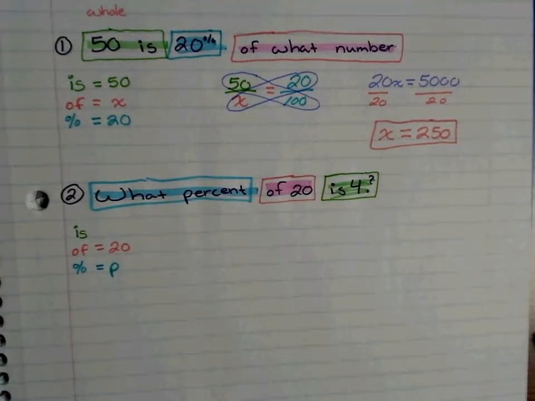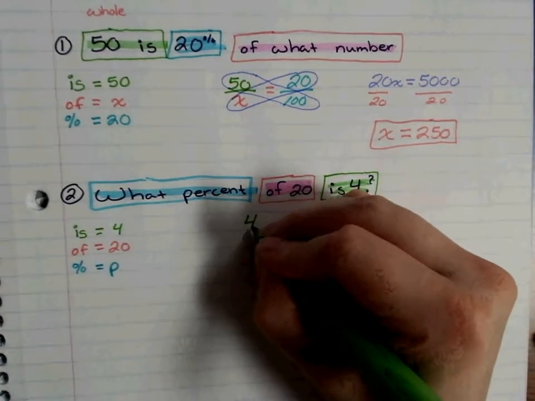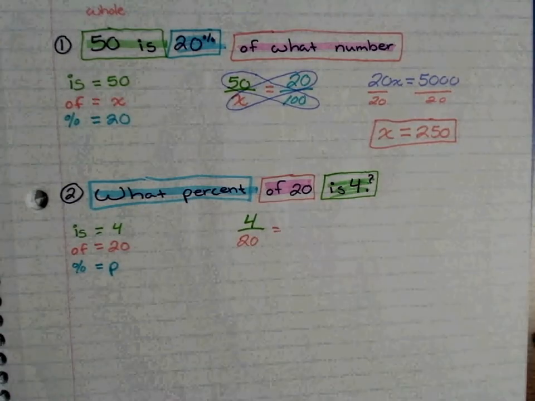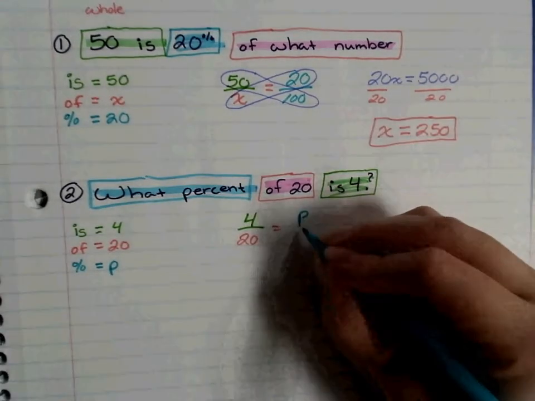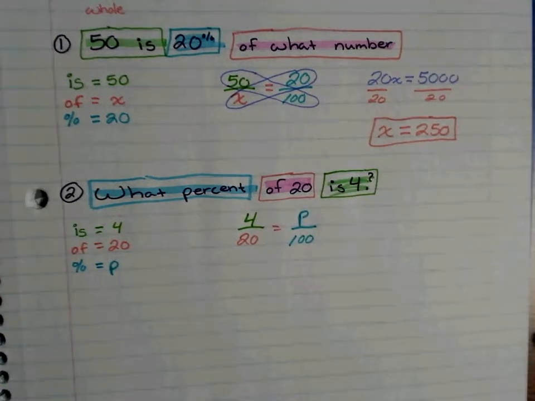So now when we set this up, we're going to set it up as 4 over 20 equals P percent over 100. Okay, so we're going to do our cross product to solve.